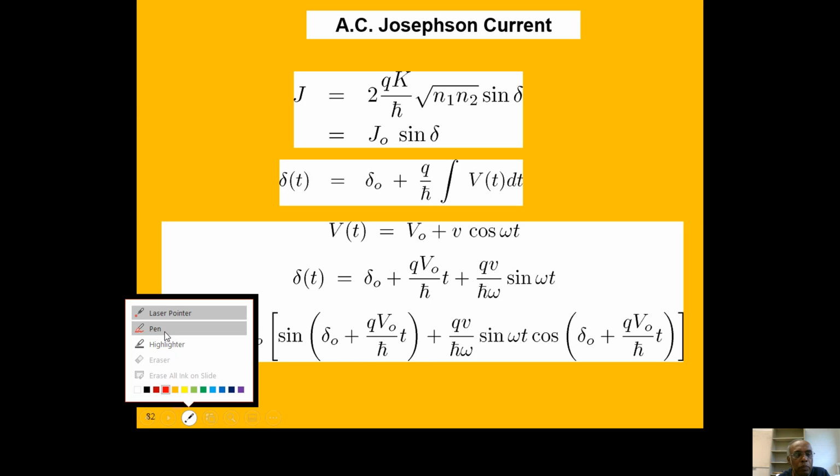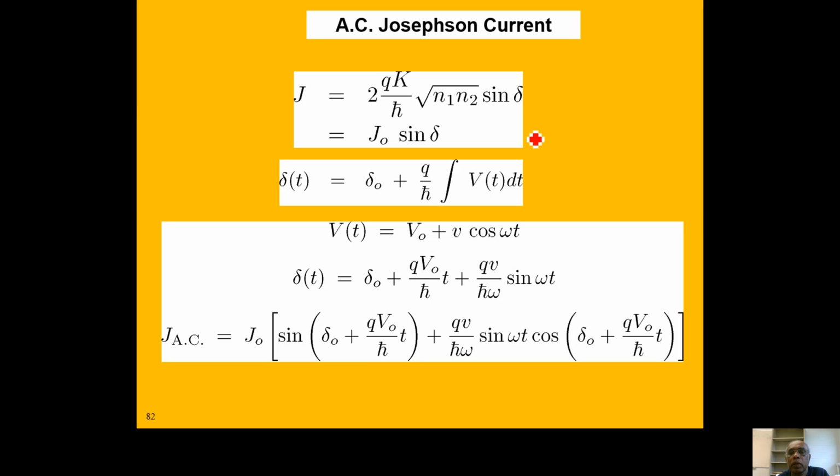If you plot your IV, suppose this is my I and this is my V. When V is 0, you are going to see this current, which goes plus and minus. This is your J or I DC. But when you apply voltage, it becomes 0.